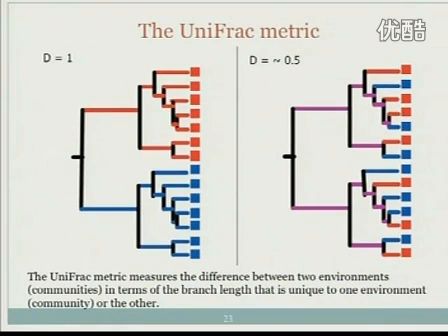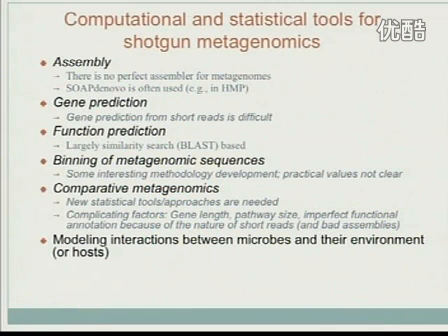Probably you will get 2 clusters, one for human gut, one for soil. Usually, if you go with that extreme case, you will get very nice separation. This metric is so commonly used, and it sounds very straightforward, so I just want to mention it briefly.